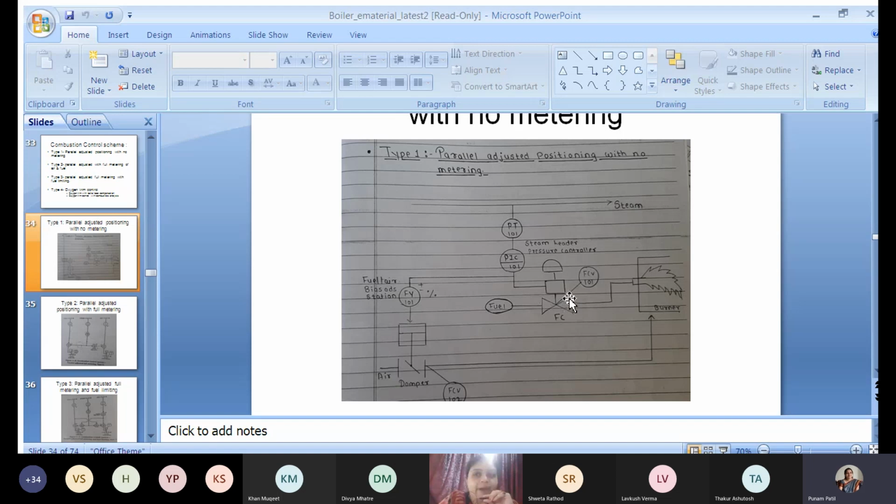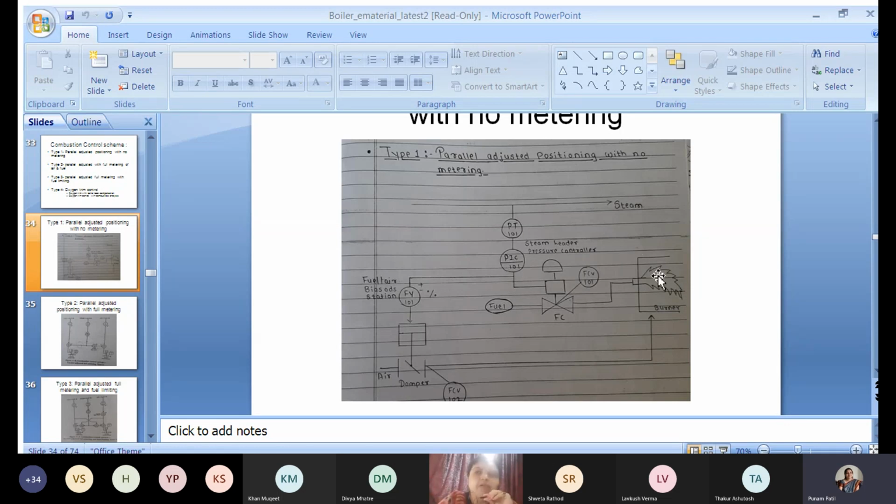Instead of a pneumatic control valve like this valve body, dampers are preferred for gas or air lines. Both the valves are operated by using this signal, and this signal is from the loop.